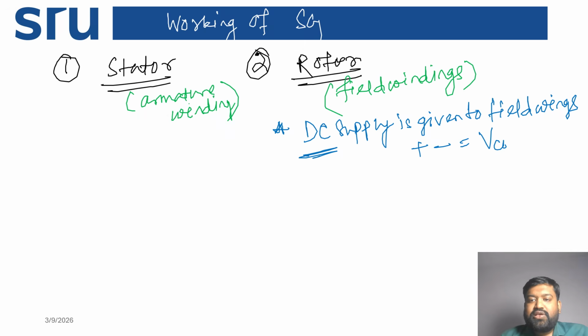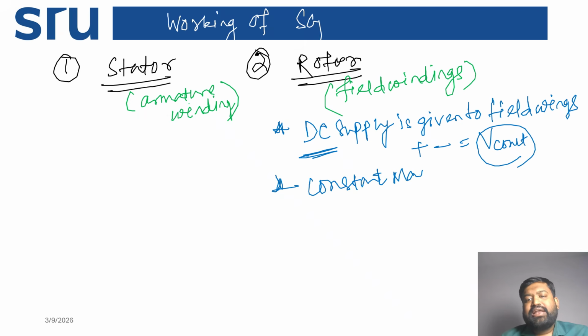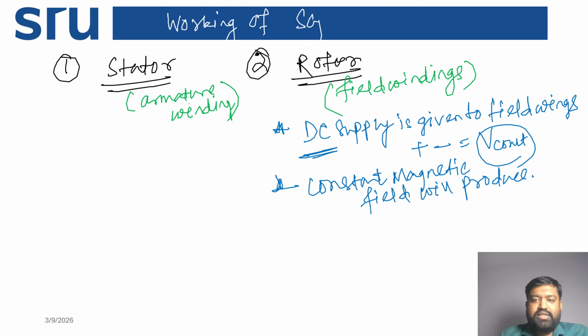If the DC supply is given to the field winding, then the supply is constant, V equals constant. If the supply voltage is constant, then definitely a constant magnetic field will be produced. A constant magnetic field will not rotate the rotor.